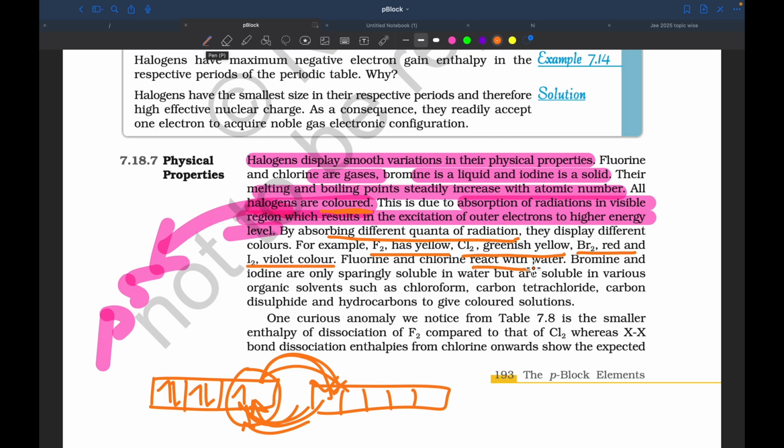Fluorine and chlorine react with water, whereas bromine and iodine are only sparingly soluble in water but are soluble in various organic solvents, right?